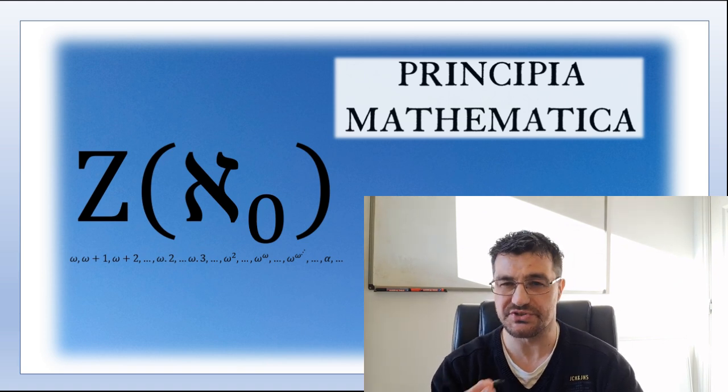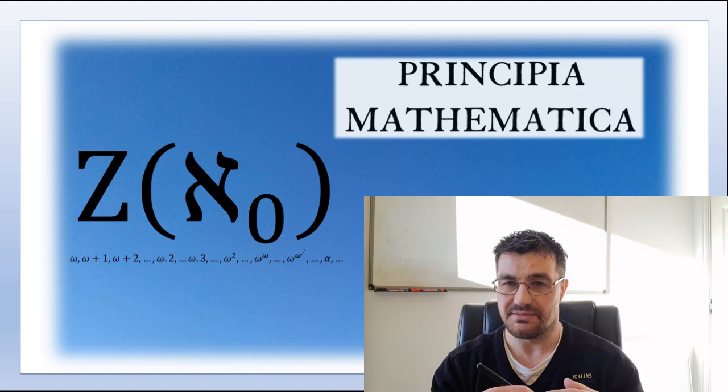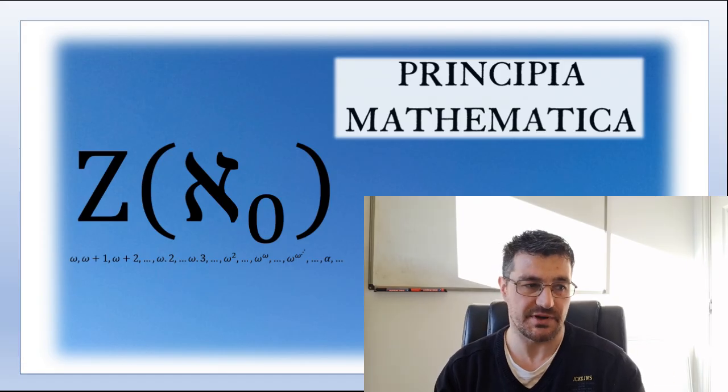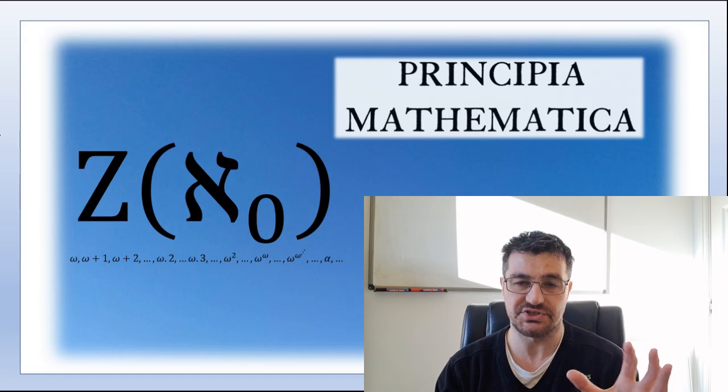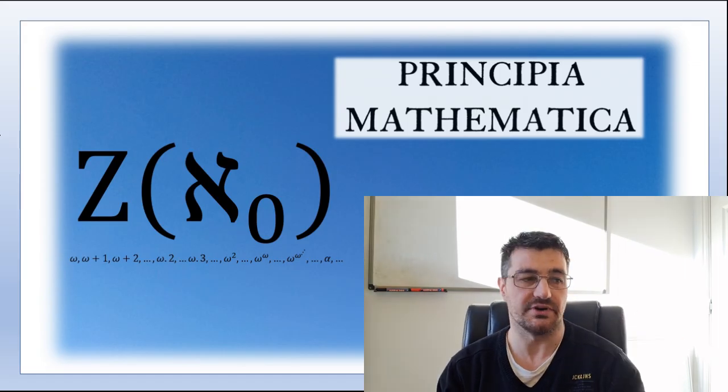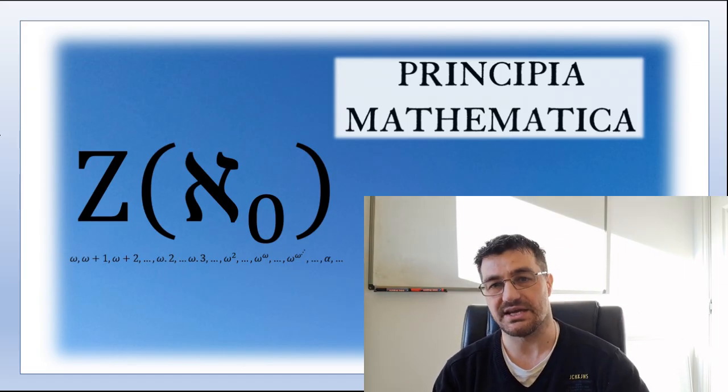And this is usually presented as if it's some kind of big result, like this was the centerpiece of Principia Mathematica, what the authors were aiming for. That's not the case at all.